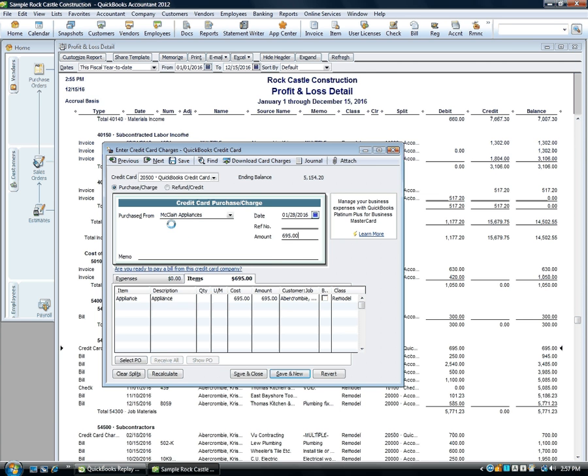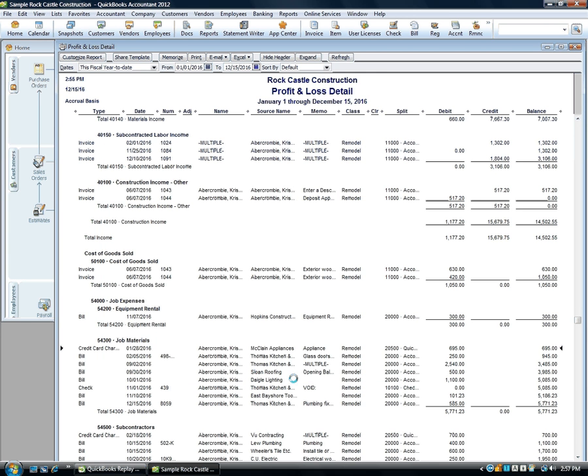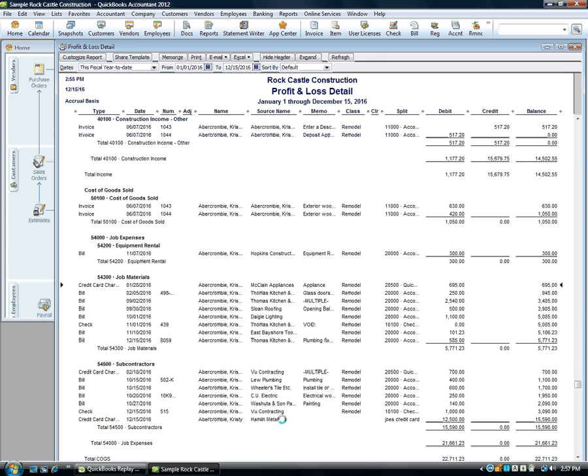Okay, so let's save and close. So I know that because the customer is here, that this is attributed to this job. I know where I bought it, so I could go through a whole stack of receipts and say, did all of these charges hit this customer like they should? Yes. What about my subcontractors?